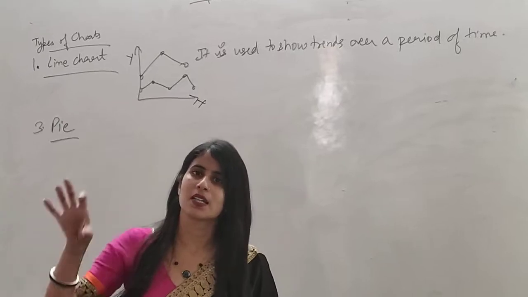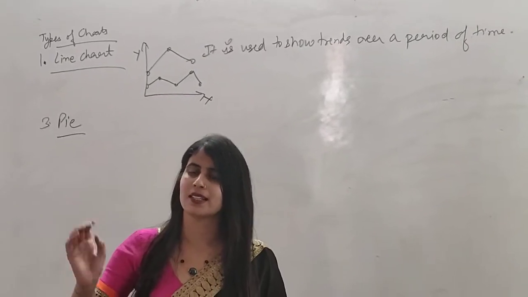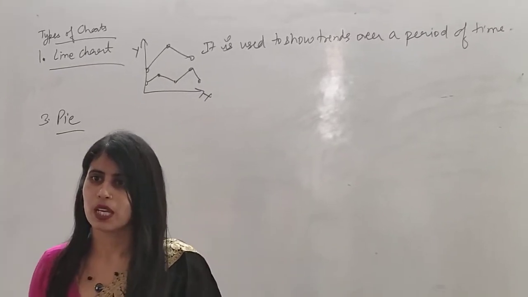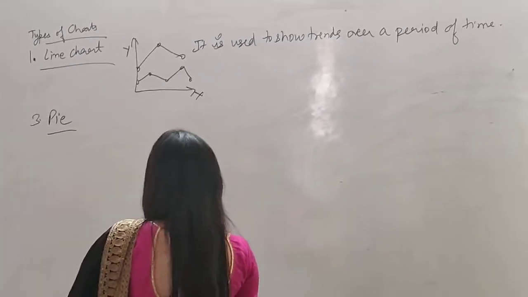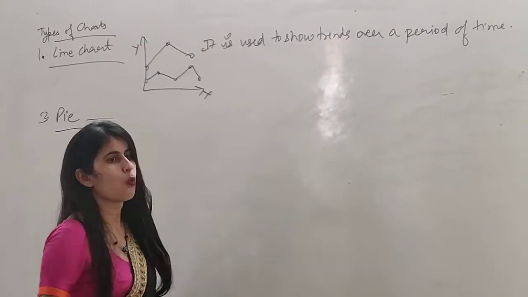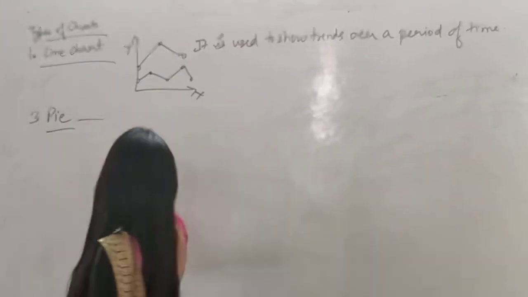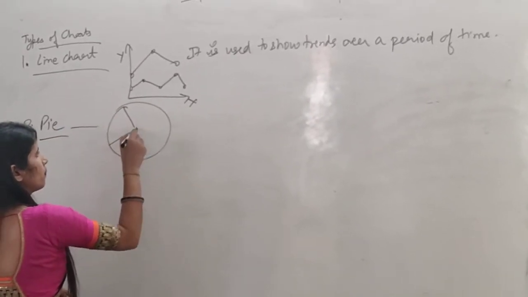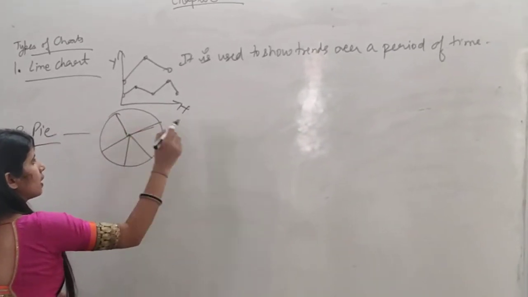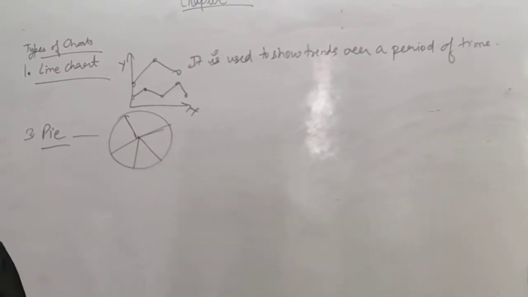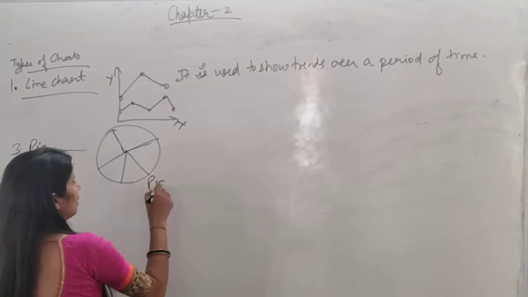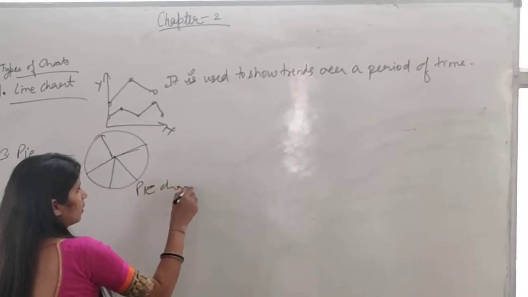Means a circle is divided into sectors and each sector represents the value. Here one sector represents only one data series. This is the pie chart. Different colors we can use to represent the data and it is considered as pie chart.